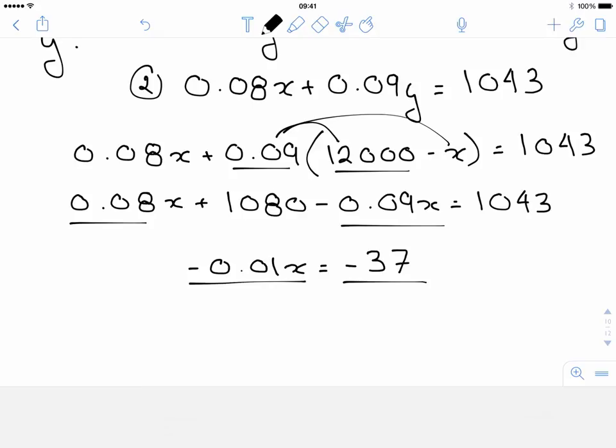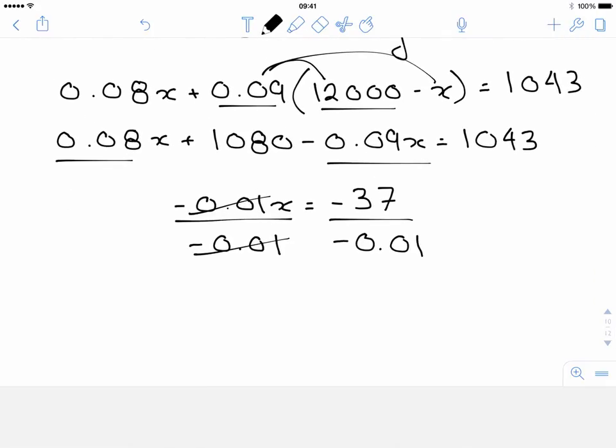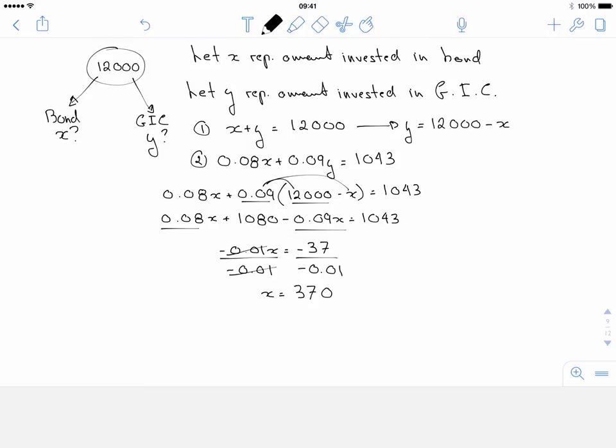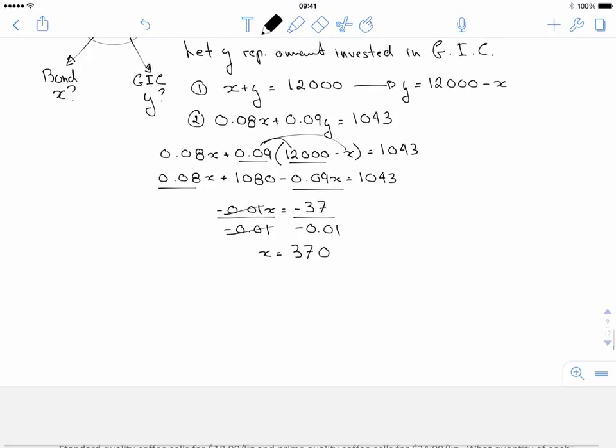So divide both sides by negative 0.01, negative 0.01, cancel, cancel, and my x amount is 370. So that's how much money was invested in the bond, which means the rest of it was invested in the GIC.